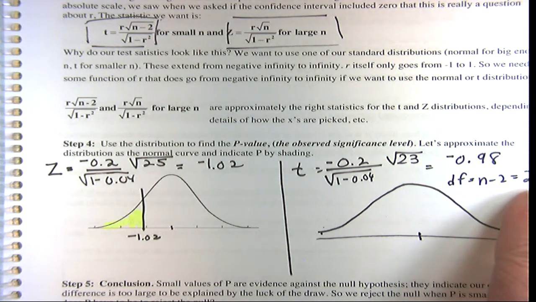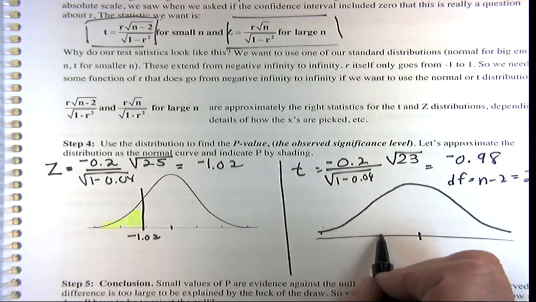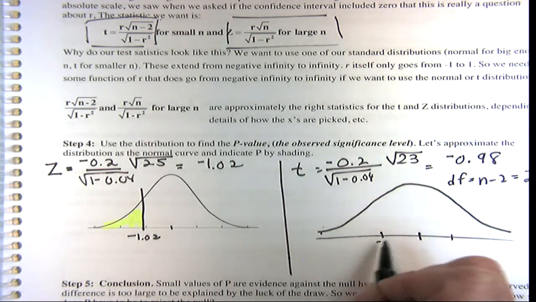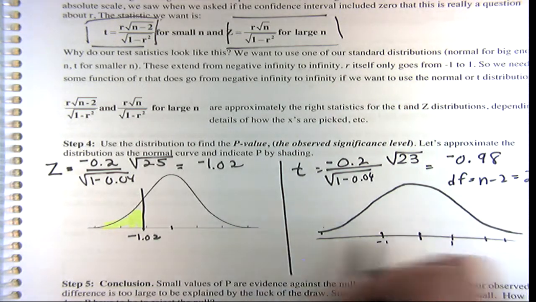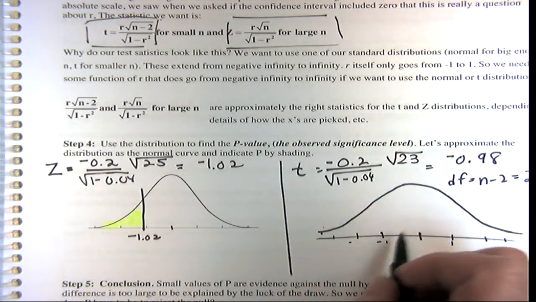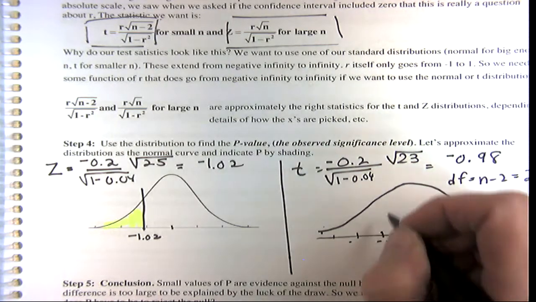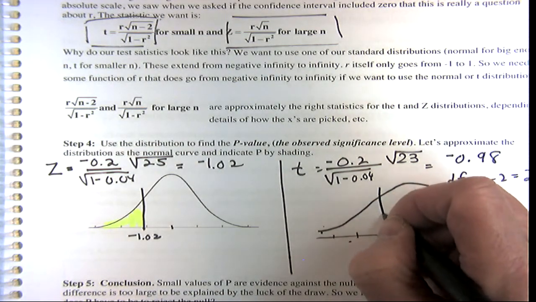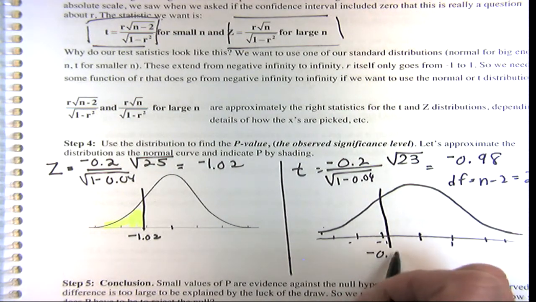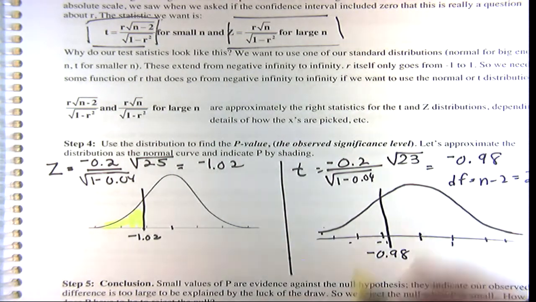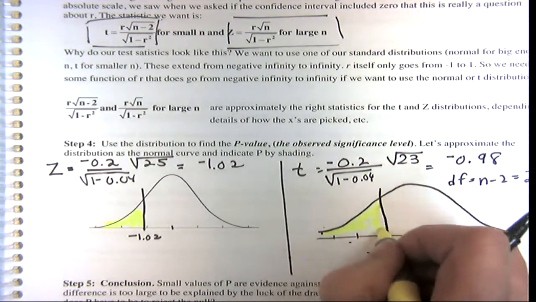All right, and now we want to get between, say, negative 3, negative 2, negative 1, 1, 2, 3. That's our t statistic, negative 0.98.